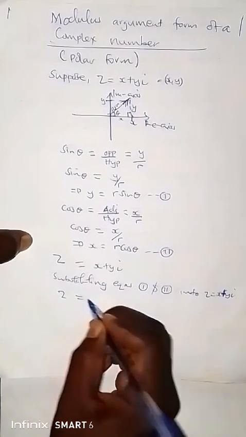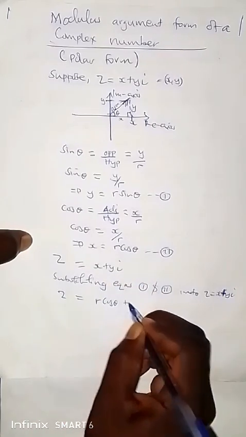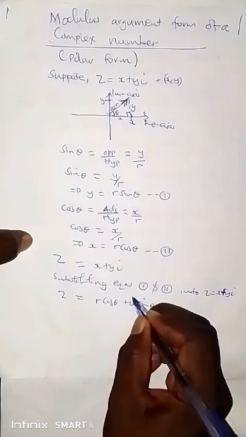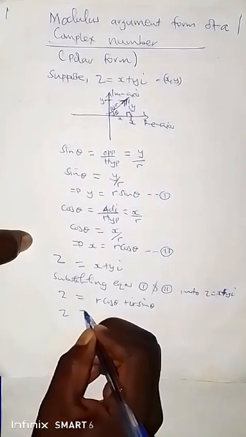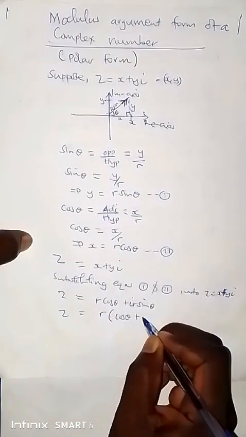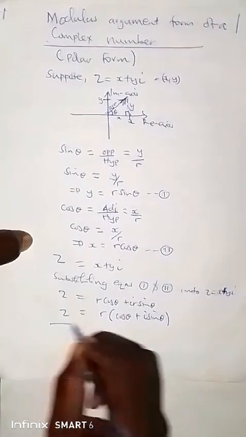So our z will be equal to, where there is x, we put r cos of theta, plus y, which is r sine of theta, then i is still there. So z equals r, with cos of theta plus i sine of theta.